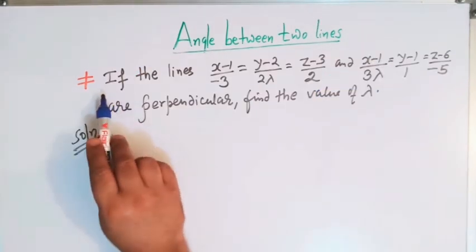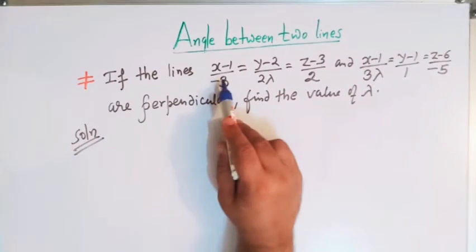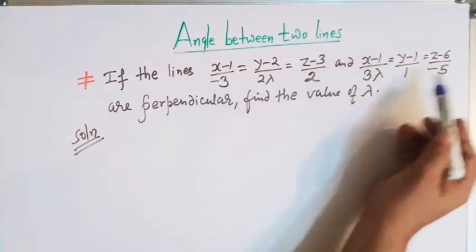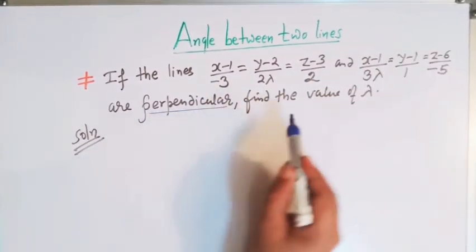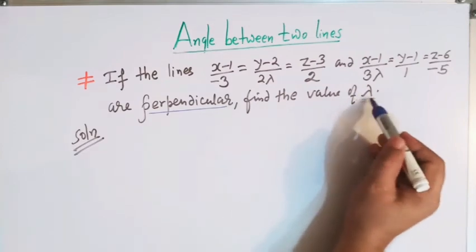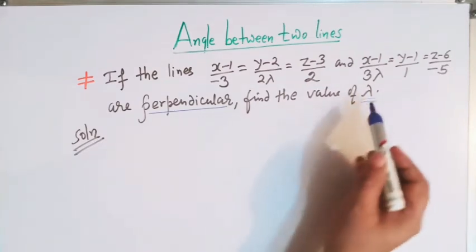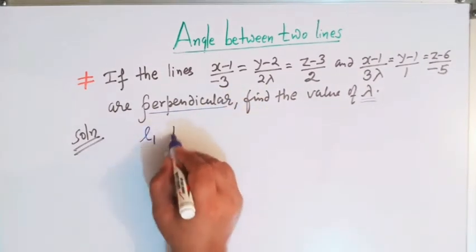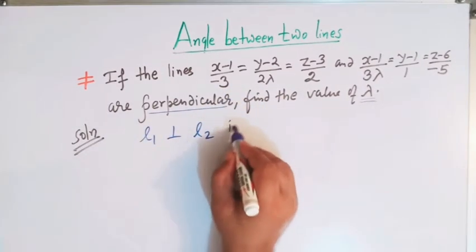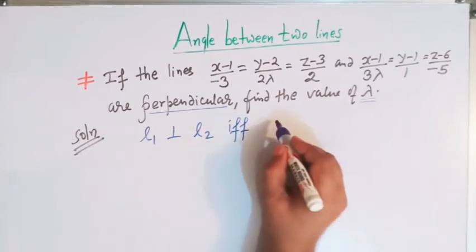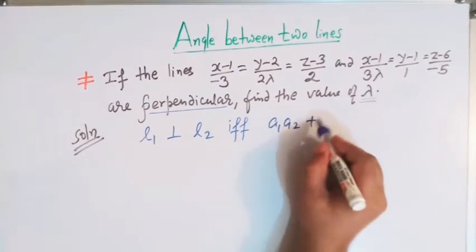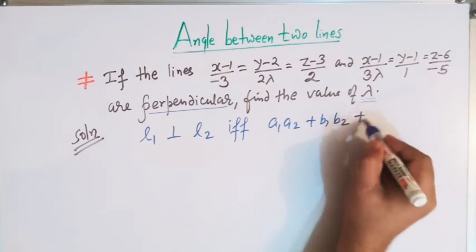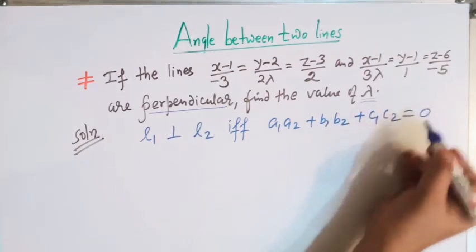Now let us take this problem. If this line and this line are perpendicular, find the value of lambda. Now viewers, in the previous example we have seen that the line L1 is perpendicular to L2 if and only if a1 a2 plus b1 b2 plus c1 c2 is equal to 0.